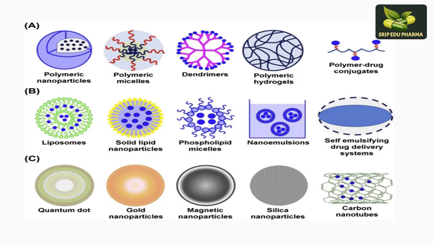Next category comes liposome, solid lipid nanoparticle, phospholipid micelles, nanoemulsion and self-emulsifying drug delivery system. And non-polymeric consists of quantum dots, gold nanoparticles, magnetic nanoparticles, silica nanoparticles and carbon nanotubes. So by this diagram you can easily understand the structure of the nanoparticles or nano carriers that we use with the help of nanotechnology.